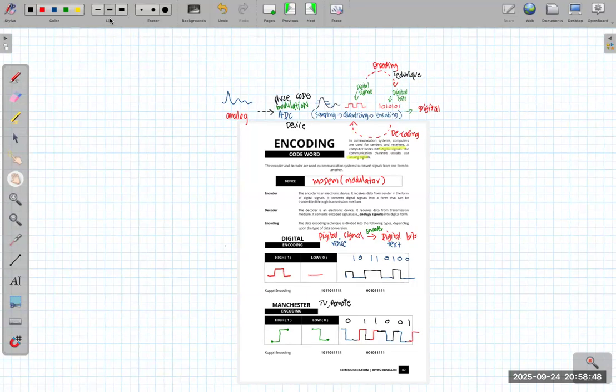Okay, why do remotes and TVs not use digital encoding? Digital encoding sometimes has some drawbacks, so they use different techniques. Certain manufacturers use their own way of representing. Certain devices map in digital encoding. Certain devices map in Manchester encoding.